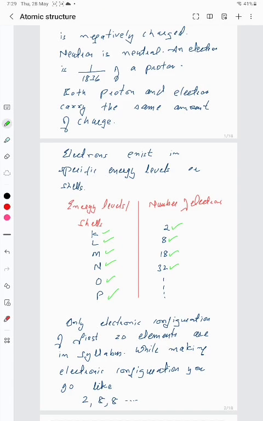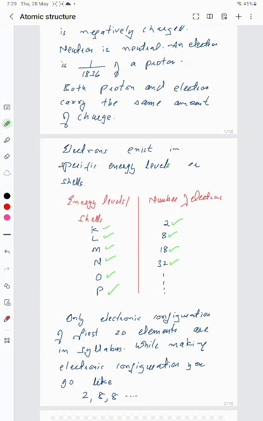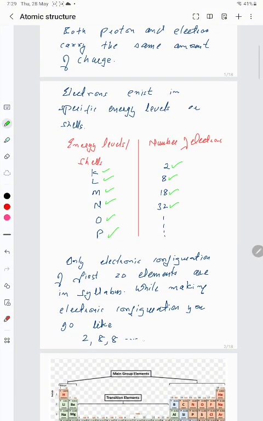In O level, only the first 20 elements are in the syllabus. So in that case, you have to go like 2, 8, 8. This way you will make electronic configuration. In the first shell, there are 2 electrons. In the second shell, there are 8 electrons. In the next shell, there are 8 electrons. And that's it.